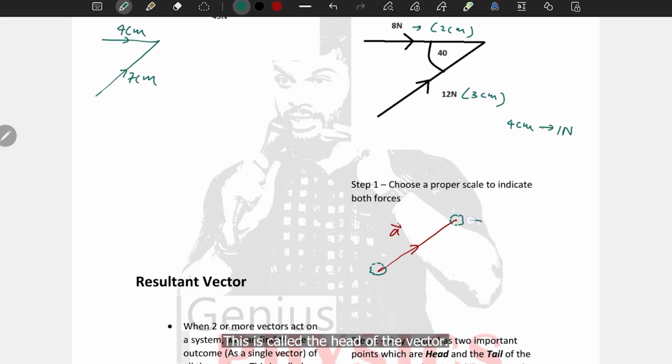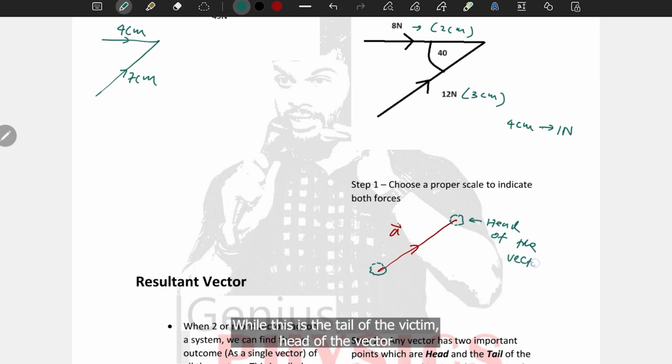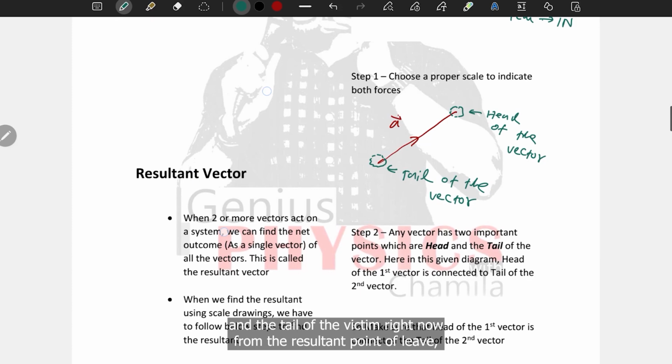This is called the head of the vector, while this is the tail of the vector. Head of the vector and the tail of the vector.